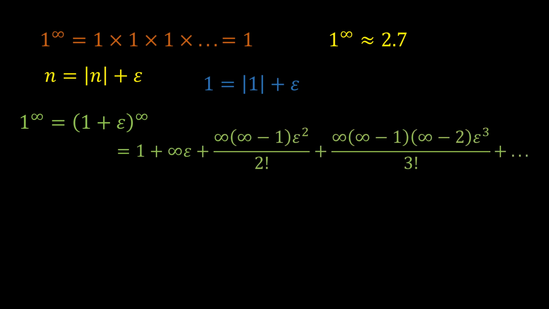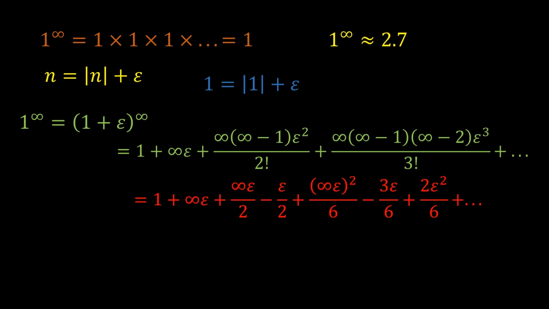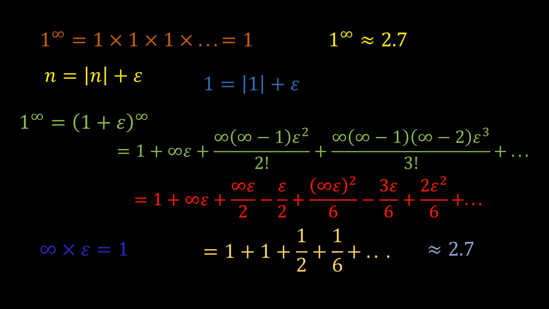When we simplify, we get this. Epsilon times infinity is equal to 1. We ignore any term that has only epsilon because it is too small, as well as the terms represented by the dots. This gives 1 plus 1 plus 1/2 plus 1/6, and this is approximately equal to 2.7. We have arrived at the same result, so there is nothing special about 1.